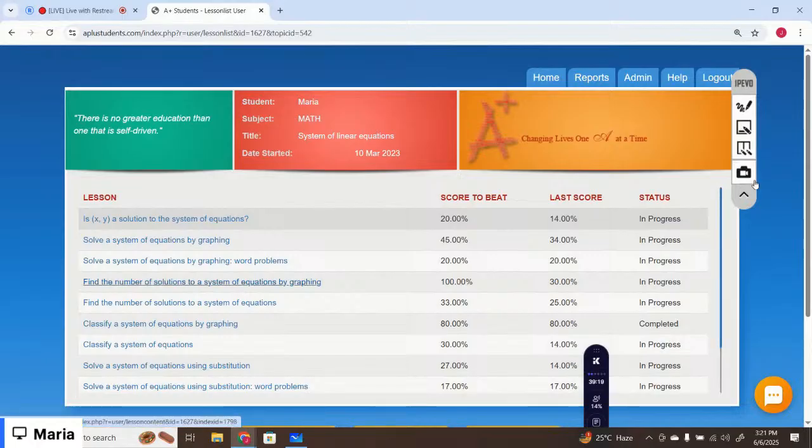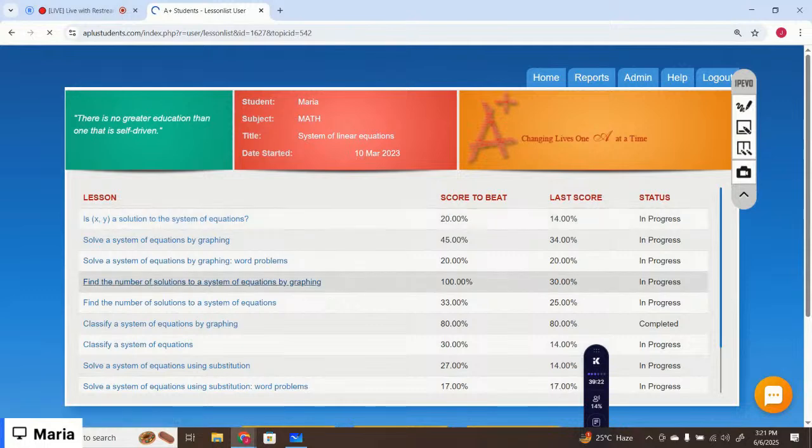Find the number of solutions to a system of equations by graphing.